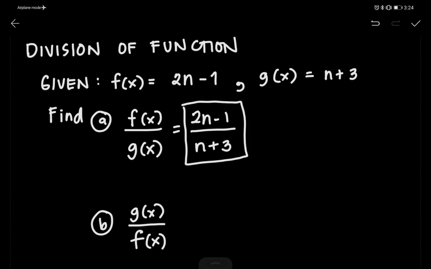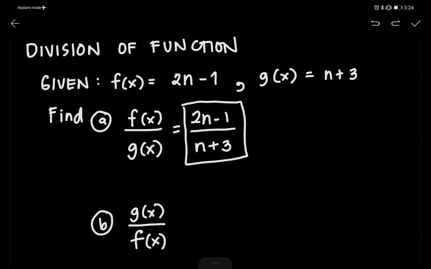Let us remember, guys, that we should not cancel the n in our numerator and the n in our denominator because they are just common terms, not common factors.